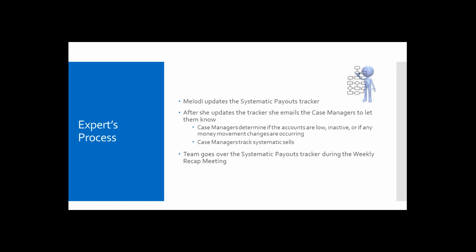Well, I update it once a month, and what has just worked for our practice is I usually do that in the middle of the month. Like I said before, I start out by refreshing the tracker, and I just go through and update every client that shows up after doing that refresh.